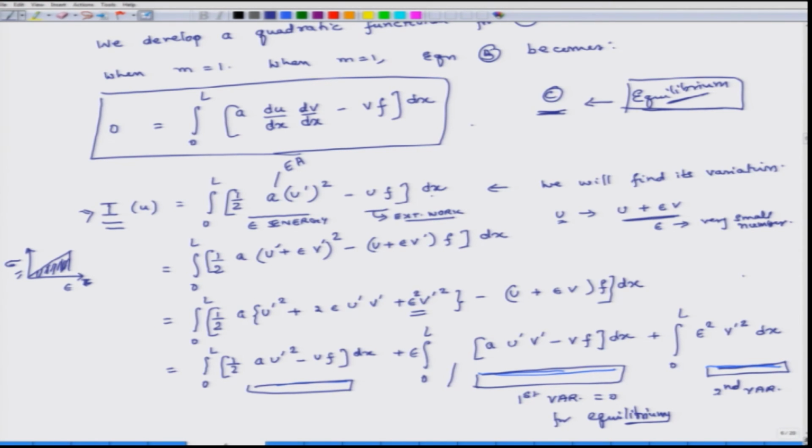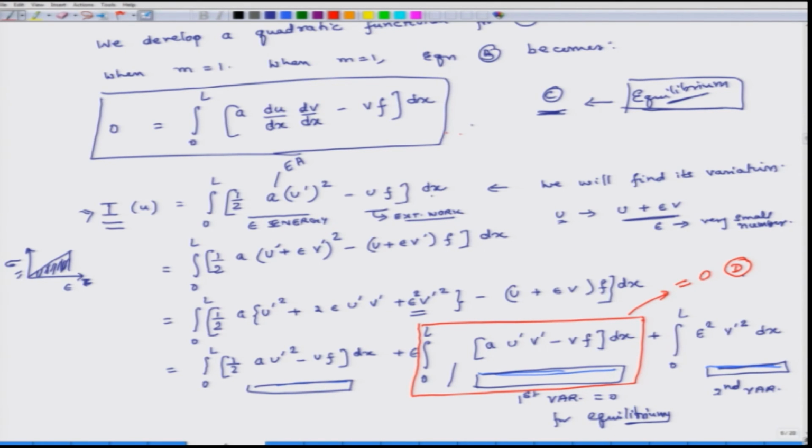And when the first variation is 0, which means that this entire thing should be equal to 0. This equation is same as this equation. So, let us call this equation D. So, this equation is same as this equation.